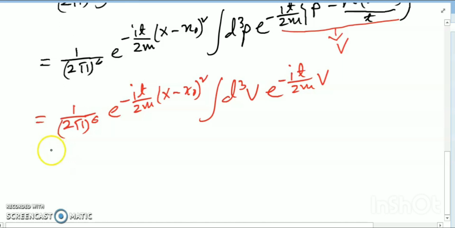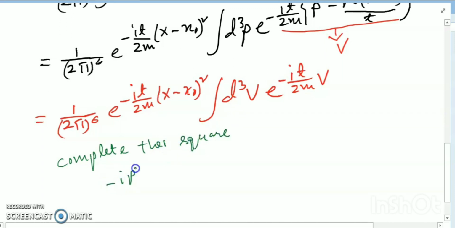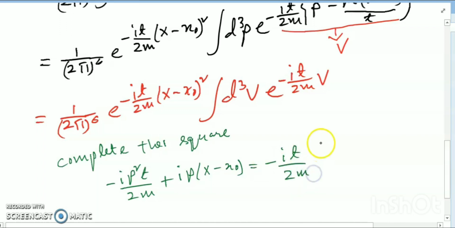Minus i p square t divided by 2m plus i p x minus x0 can be written in whole square form: it divided by 2m, and I can write this as p square, and this portion is multiplied this way, 2p divided by t, x minus x0.